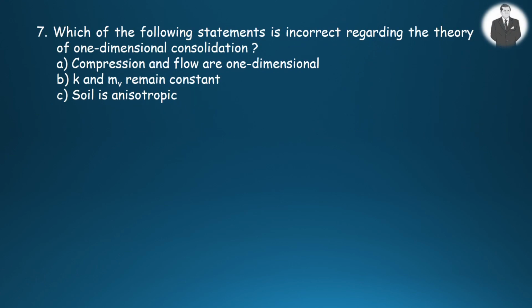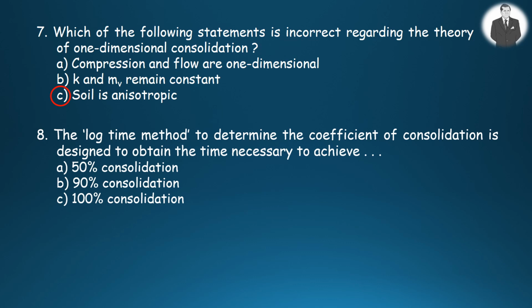Which of the following statements is not correct considering the theory of one-dimensional consolidation? No, the answer is C. Soil is anisotropic. Remember, it is assumed that soil is isotropic. So don't forget this. The eighth question: the log time method to determine the coefficient of consolidation is designed to obtain the time necessary to achieve what?